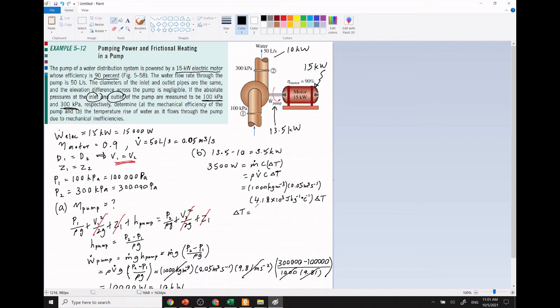So you get around 0.016755 degrees Celsius. Alright, so that's how we calculate the rise of temperature in the water due to friction loss.